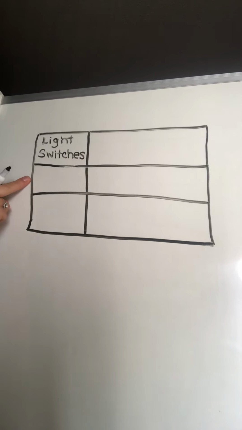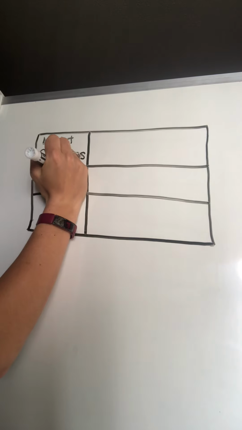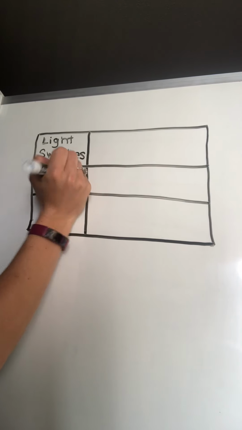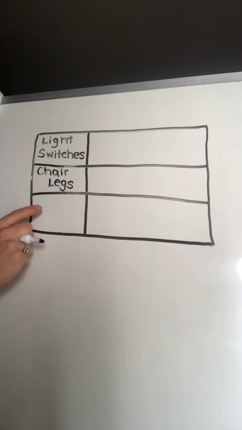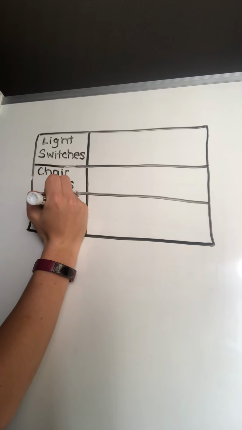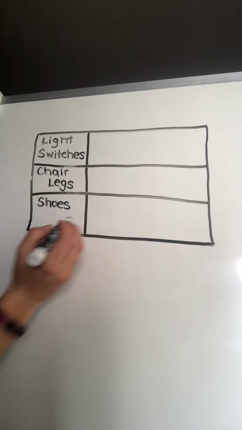The second thing I want you looking for are going to be chair legs. So how many chair legs are in your house? And the final thing I want you looking for are how many shoes are in your house. So we're just going to write shoes.